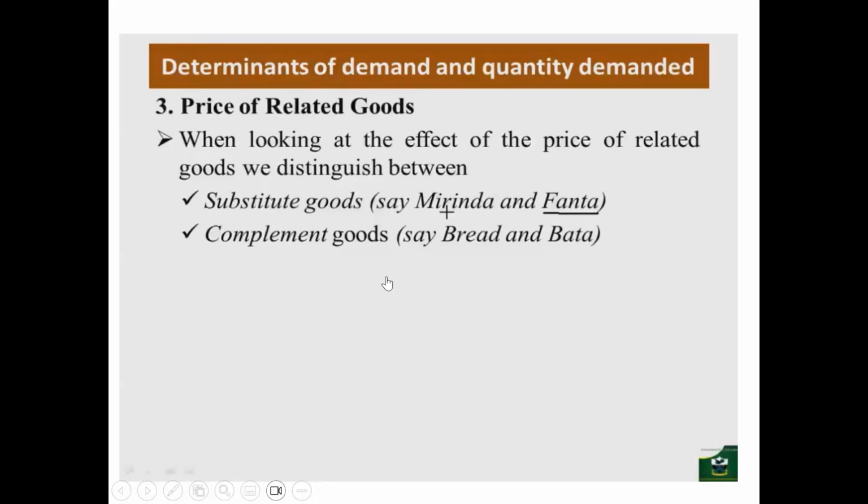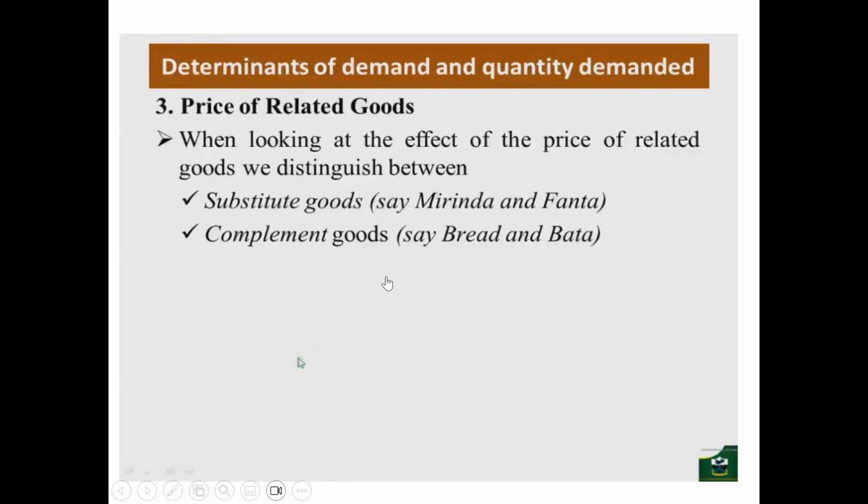This means that the demand for Mirinda will increase as a result of the increase in the price of Fanta. In other words, there is a direct relationship between the quantity demanded of a given good and the price of its substitute good.